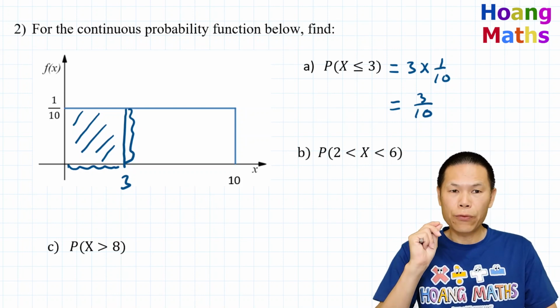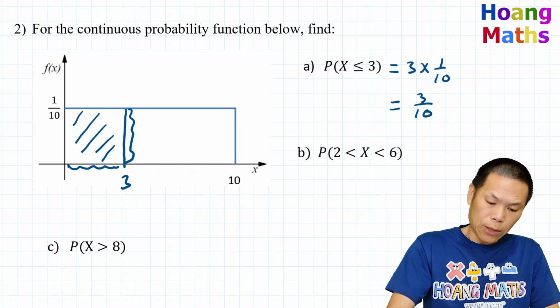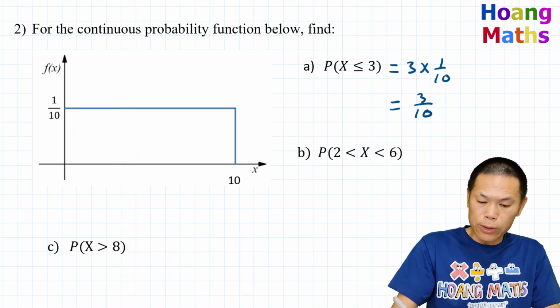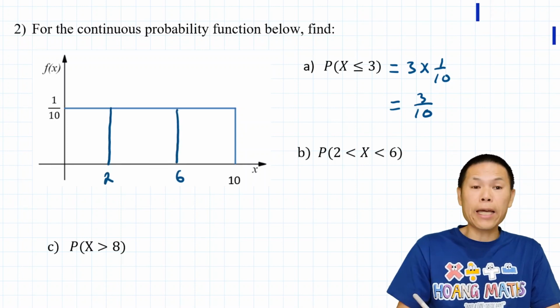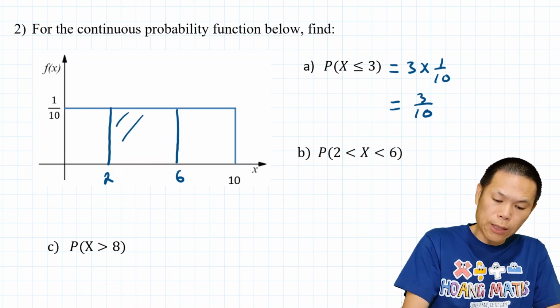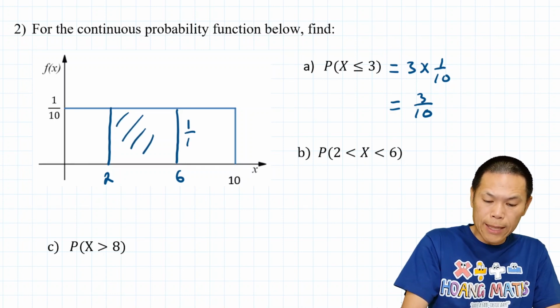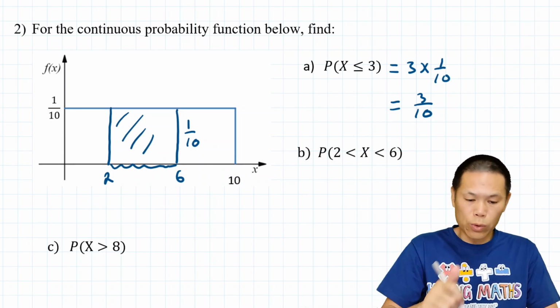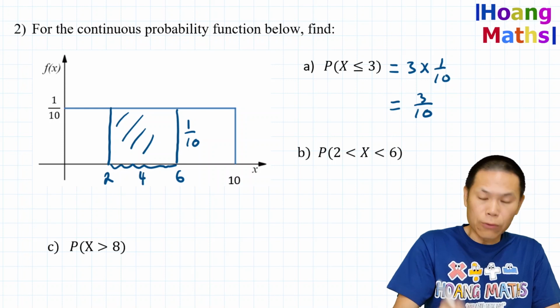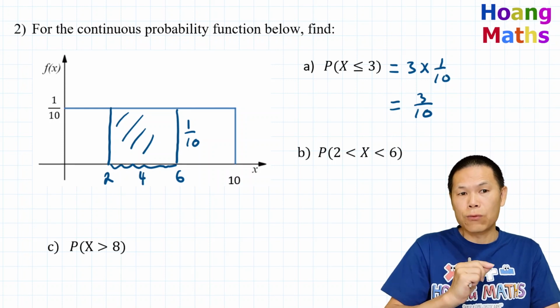Part B. From 2 to 6. So the probability from 2 to 6. Let me just draw 2 here, and this is 6, just roughly. Therefore, the area of this, we know the width is 1/10, and the length of this we work out by using 6 minus 2, and 6 minus 2 is 4. So from 2 to 6 is 4 units.